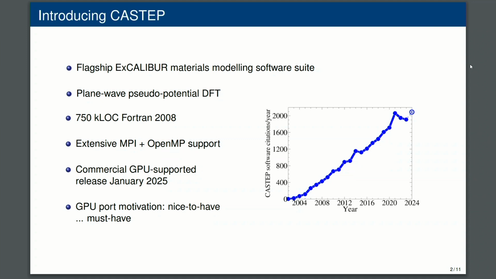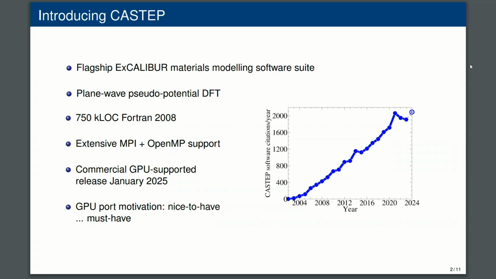Yeah. Okay. So first of all, very briefly, I'll just introduce CASTEP. As I said, it's one of the flagship Excalibur codes, and it's a material modeling suite that's using plane wave pseudopotential DFT. It's been developed over the past 20 years or so, currently stands at about 750,000 lines of code, written almost exclusively in Fortran 2008.